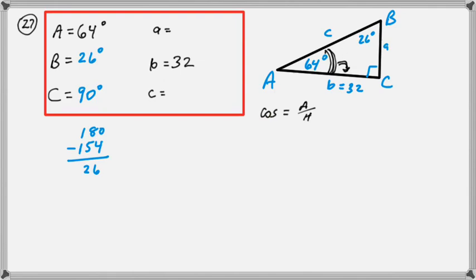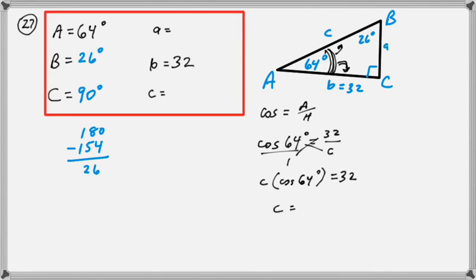So if I do cosine of 64 degrees, what's the adjacent? 32 over what is the hypotenuse? c. Solving it for c, c times the cosine of 64 degrees equals 1 times 32. The opposite of multiplying by the cosine of 64 would be to divide both sides by the cosine of 64 degrees.